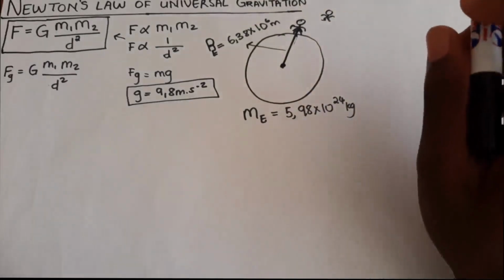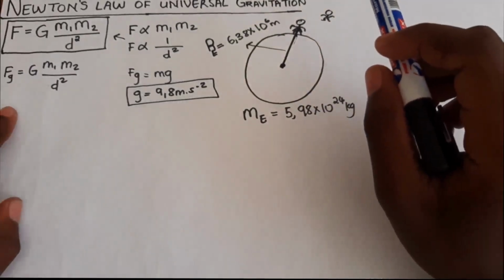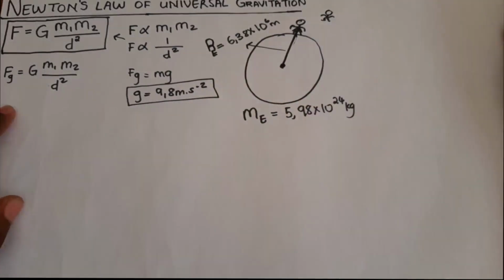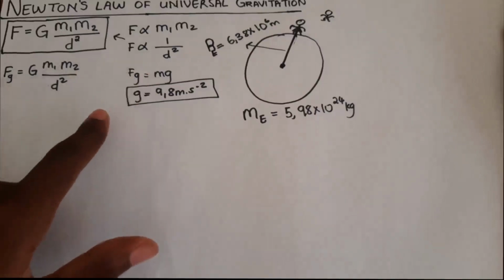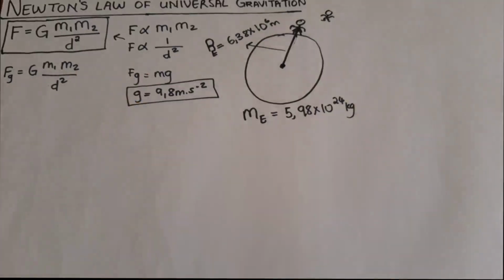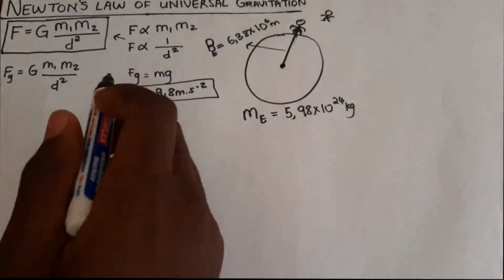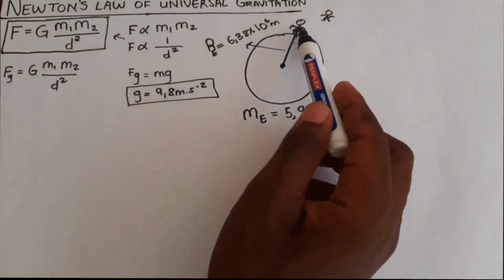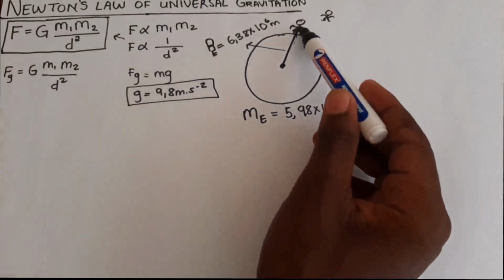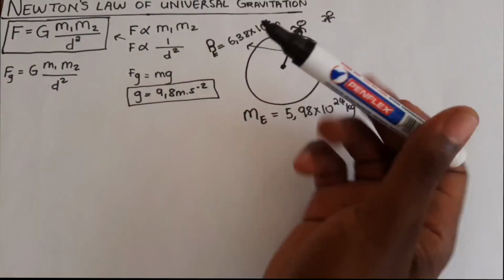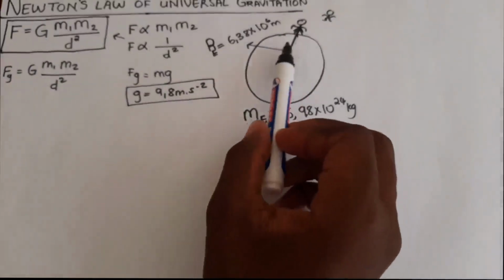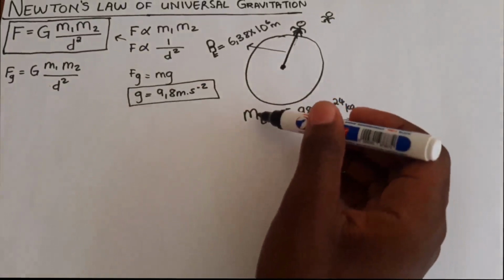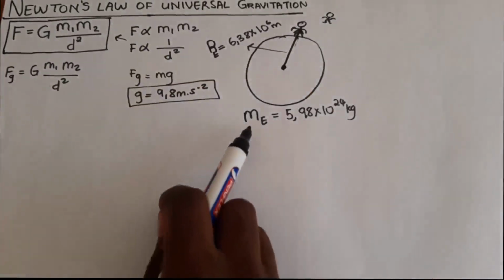Before moving to this side, let's derive the gravitational acceleration formula. Let's say this person has mass m2, and m1 is the mass of the earth.